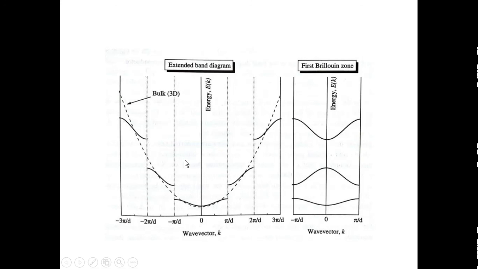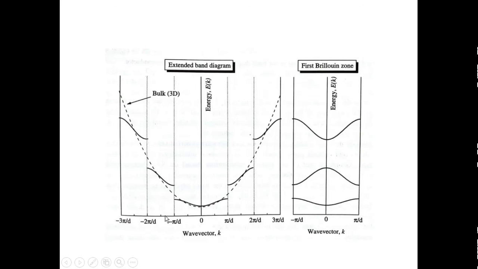But in the case of a superlattice, this parabolic potential has its edges folded like this. Here, consider the wave vector k equal to 0 and k equal to plus pi by d and minus pi by d. In between these you can have an allowed energy band like this.